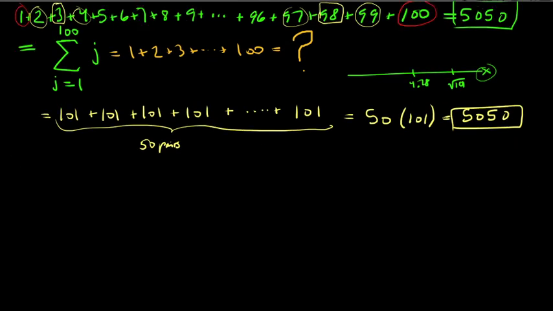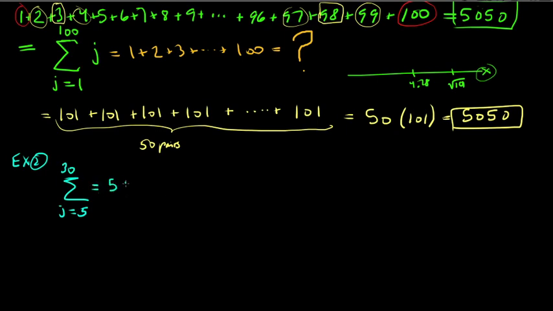All right, now let's do another one. Right? Suppose we want to add, well, I guess I'll call this example 2. Suppose we want to find the sum. Let's say j goes from 5 to 30. So what is that going to be, right?